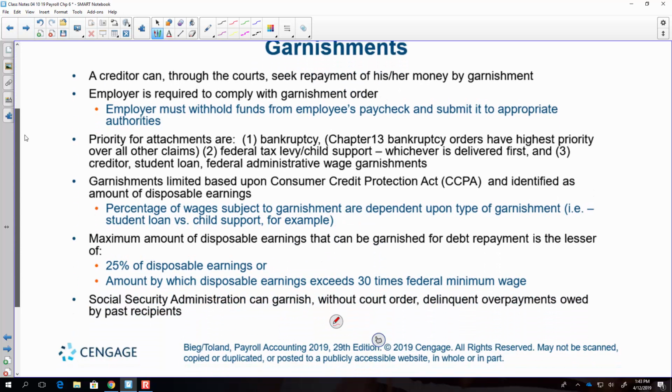And then garnishments. Probably the most often garnishment out there is child support, but they talk about bankruptcy, they talk about tax levies and so forth. There is a discussion here as to how much you can take out.